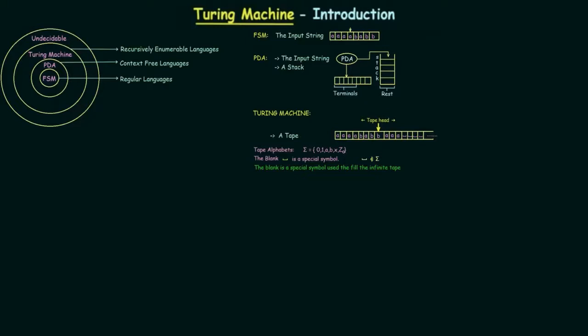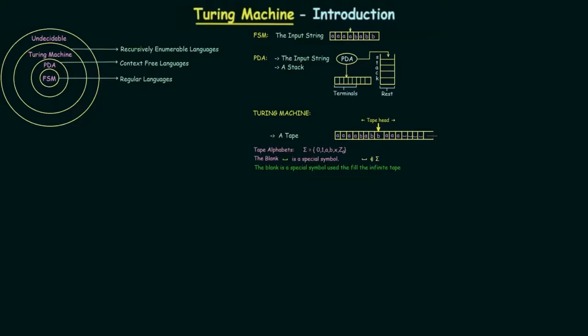But when we come to the Turing machine, it's a different concept altogether. It only has one data structure, that is a tape. Now, what is a tape? Tape is basically a linear data structure which contains all of the input string. It has a tape head which points at the current input, and it is actually an infinite data structure.